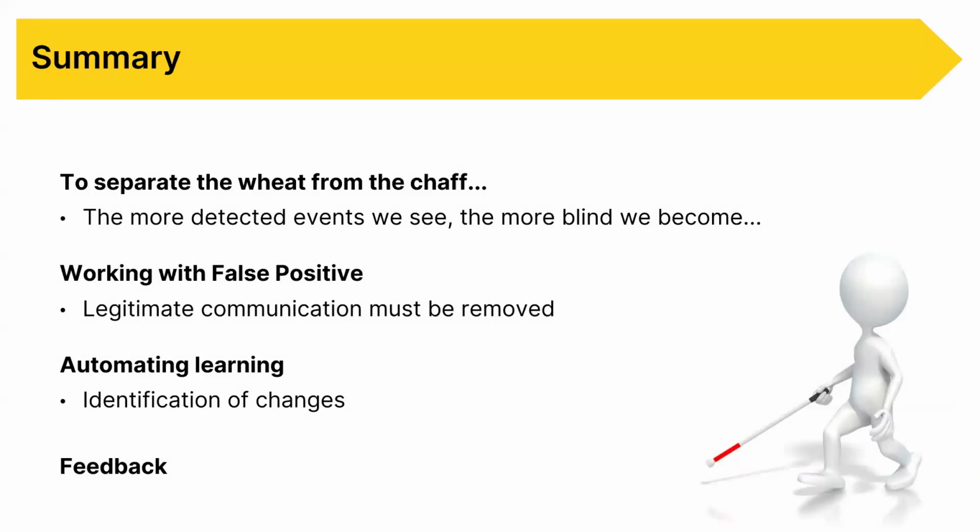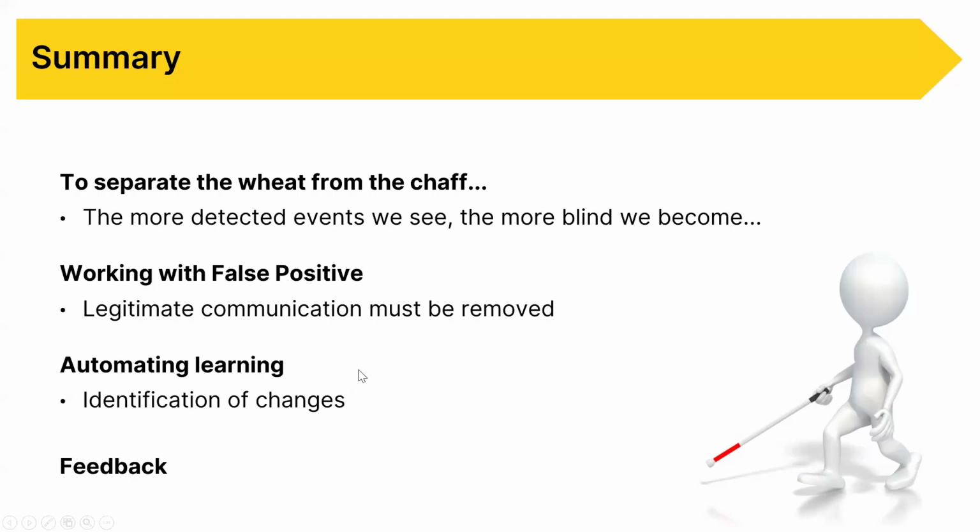At the end, we need to separate the wheat from the chaff. So that means we like to see the real attacks there. So we have to get rid of all the false positives, because otherwise we no longer see the forest for the trees.